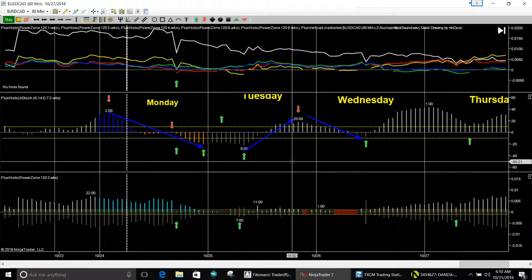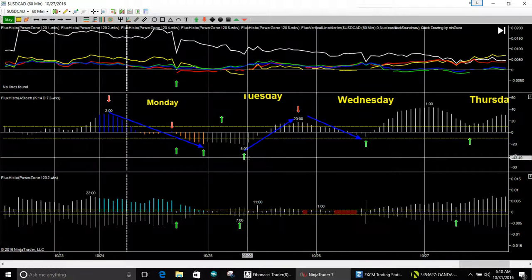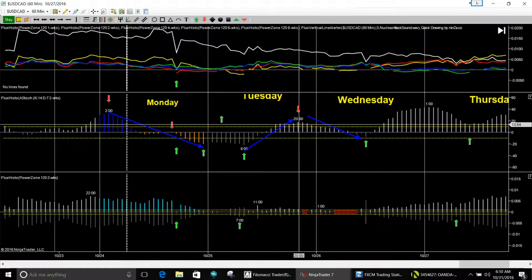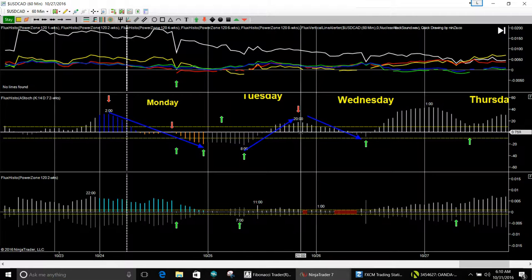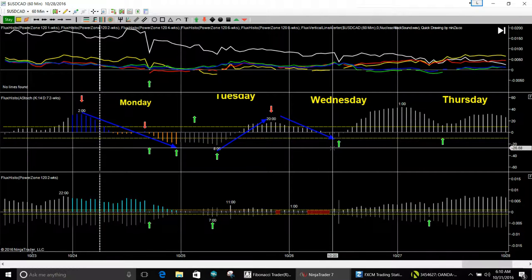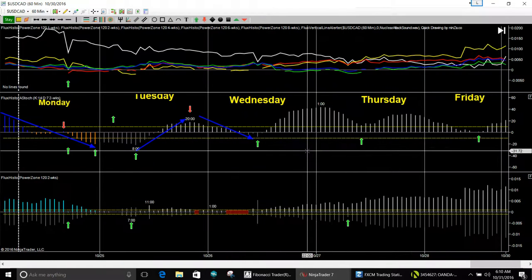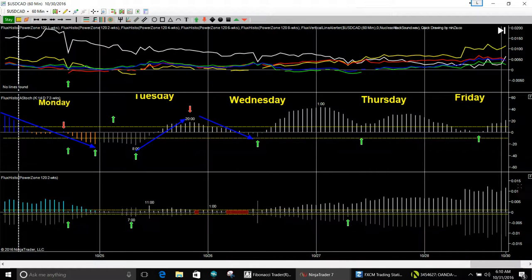It looks like the high probability trade will be Tuesday at about 8 a.m. in the morning to the upside, and then we've got a sell marker here at 8 p.m. on Tuesday. Then we're going to go down into Wednesday, and then another up move. It's not so clear on the Canadian.